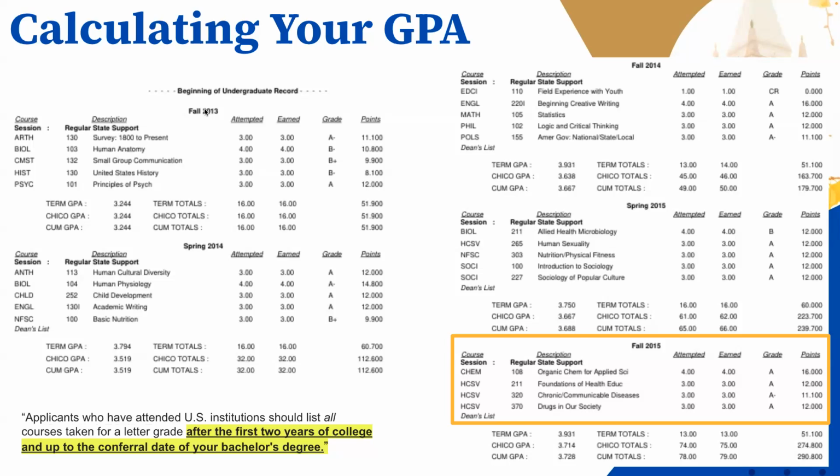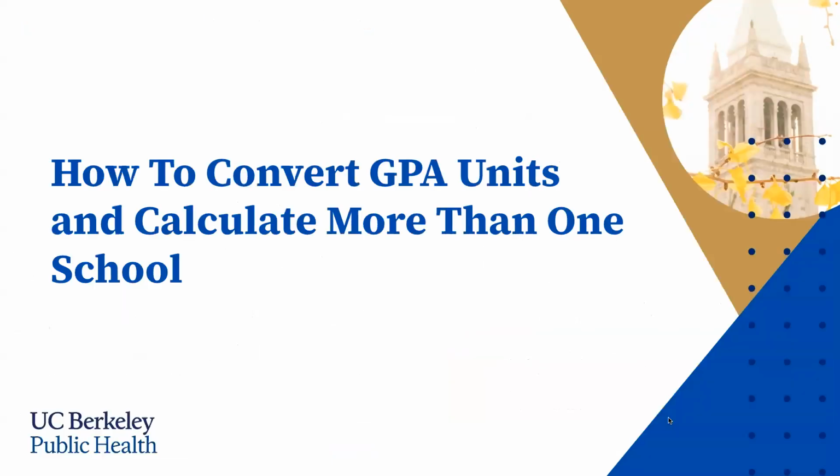That means after fall of 2013, jumping 2 years: that's 1 year from fall 2013 to fall 2014, and then 2 years from fall 2013 to fall of 2015. This is where we begin to calculate all of the coursework. Anything that falls within the range of fall 2015 onward for the student, you would include the coursework there.